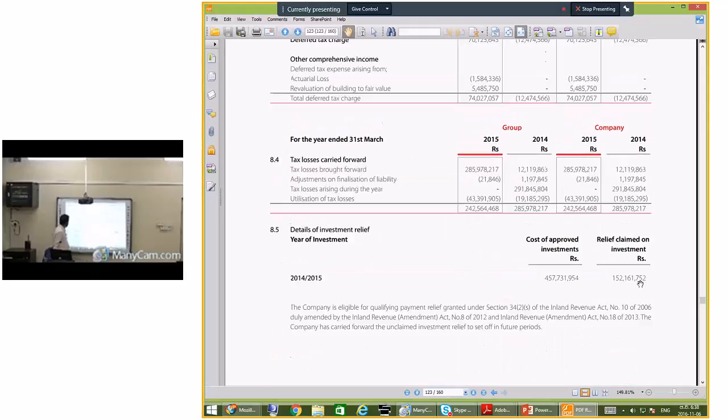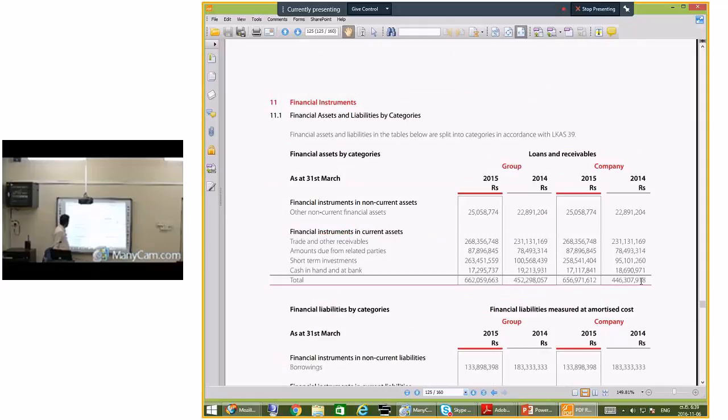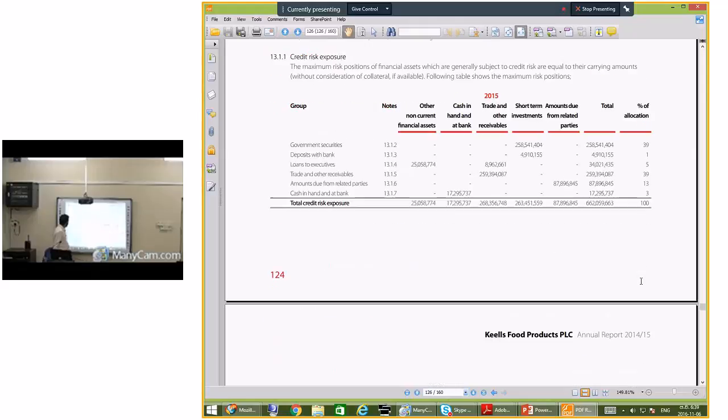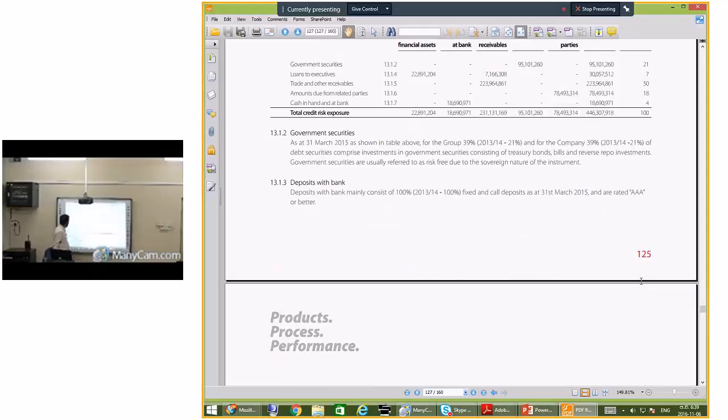You can see a number of notes here, notes for financial instruments, property, plant and equipment, and share prices.